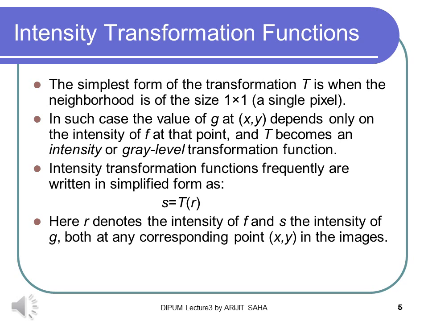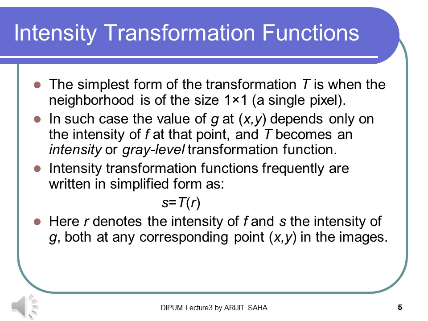Intensity transformation functions frequently are written in simplified form as shown over here, s = T(r). Here r denotes the intensity of f, and s the intensity of g, both at any corresponding point (x,y).